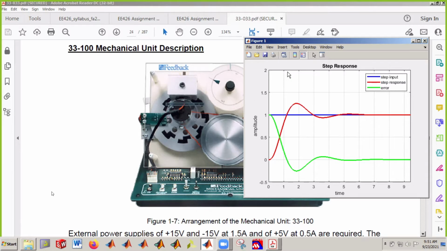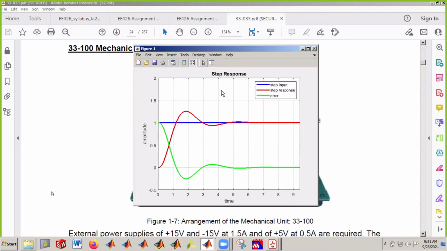So now, this is a good place to introduce the velocity feedback, because some of you may wonder, okay, I understand that for very small gains, we have a slow system. As we increase the gain, we get better responses, meaning faster responses. But we also saw that higher gains may lead to instabilities.